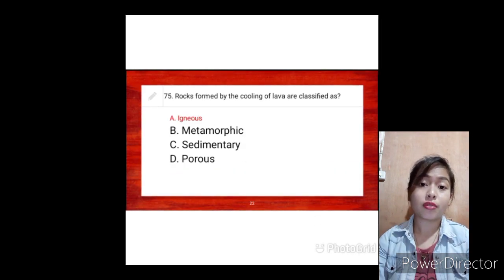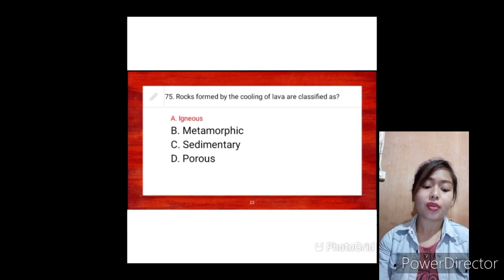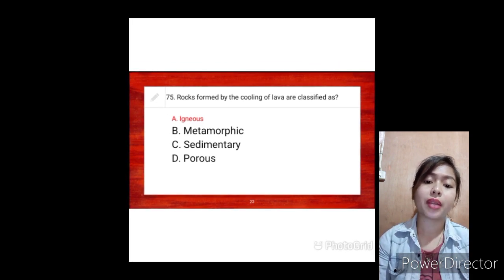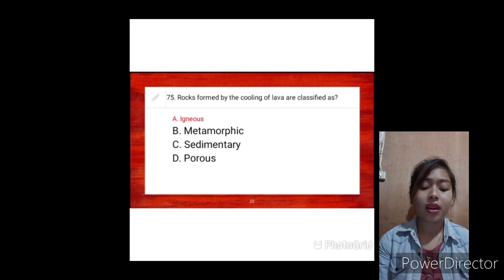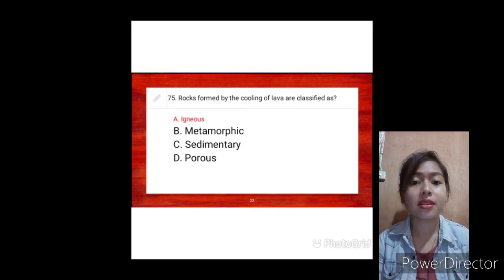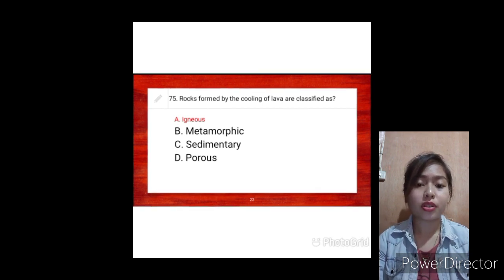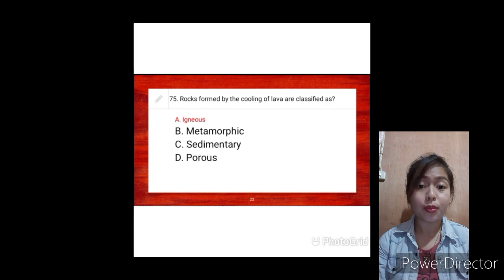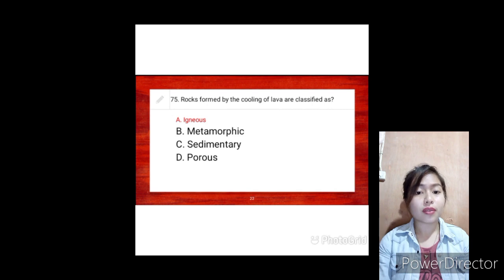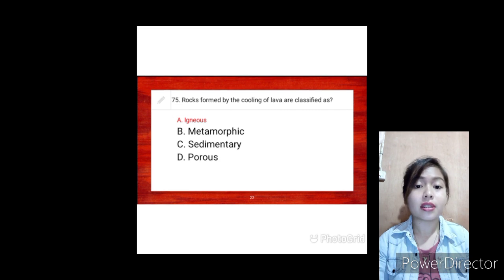Letter B, which is metamorphic, is not the answer because it is a rock exposed to high heat or pressure, usually when plate tectonics meet. Letter C, sedimentary, is also not the answer because it is sediments compacted with high pressure. And letter D, which is porous, is also not the answer because it consists of several crystals and an example of it is dolomite.